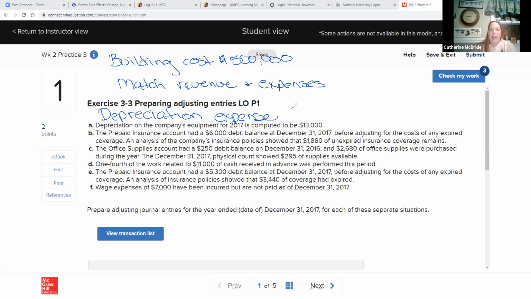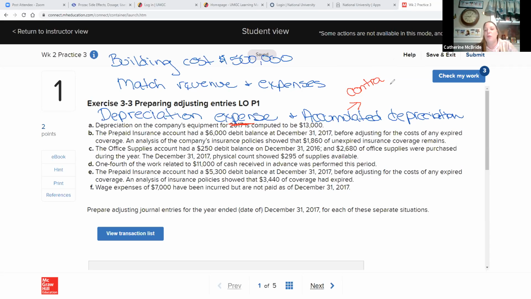The other account is also a new account, and it's called accumulated depreciation. I promise I think they're the only two new accounts this week. So we have accumulated depreciation. All right, so depreciation expense is an expense account. Accumulated depreciation is a new type of account.